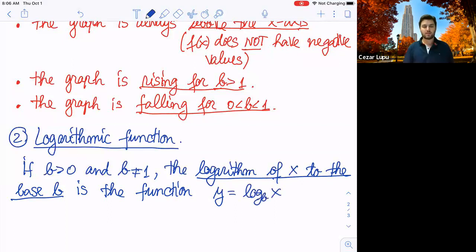The logarithm of x to the base b, or we can say that y of x is logarithm in base b of x.